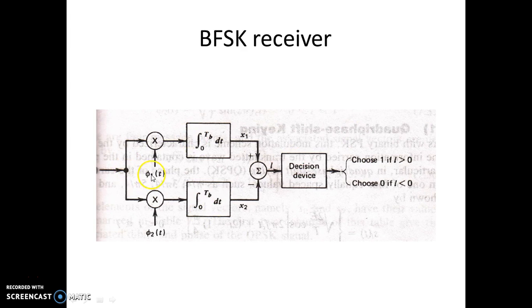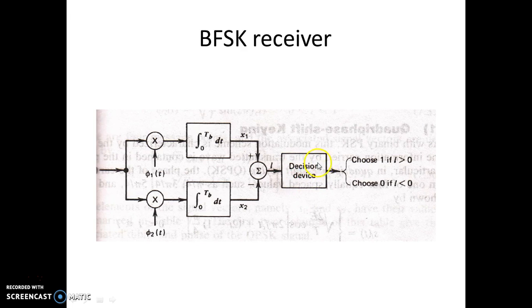Coming to the BFSK receiver, the input is given to two correlators supplied with basis functions phi1(t) and phi2(t), integrated over the time period Tb. You have the outputs x1 and x2, and here we define the random variable L, which is x1 minus x2.